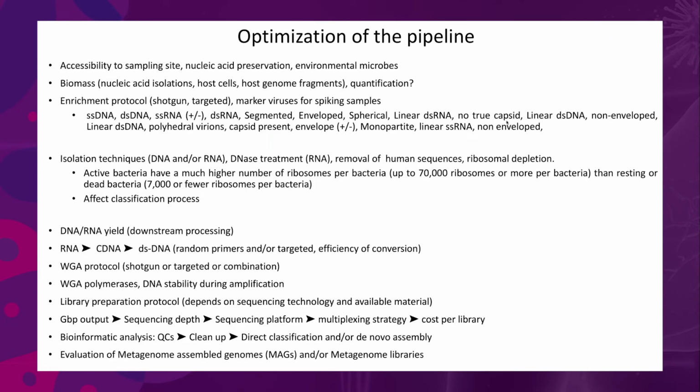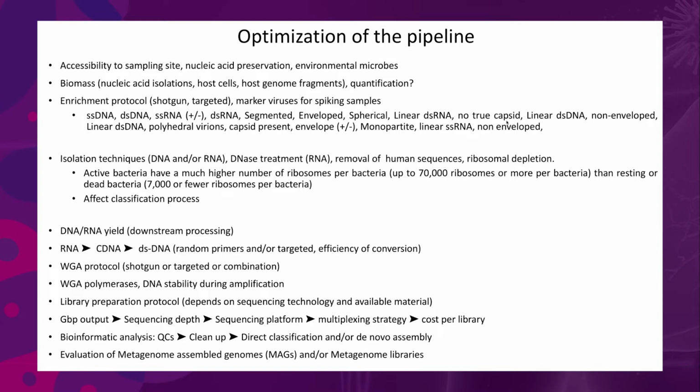Okay. So in order to optimize the pipeline, there are a lot of different choices we need to make. And what is really important to understand is that even though we implement various quality control steps during the pipeline, since we don't know what's in there, what's on the sample that we sequence, we need to optimize everything.